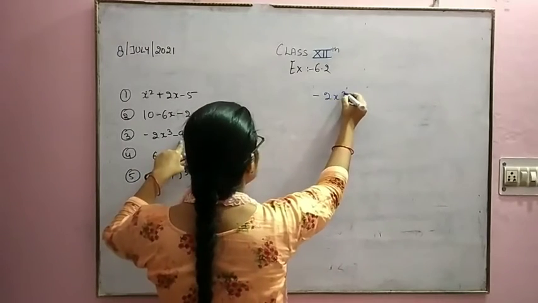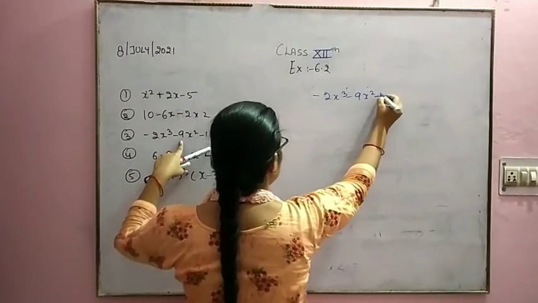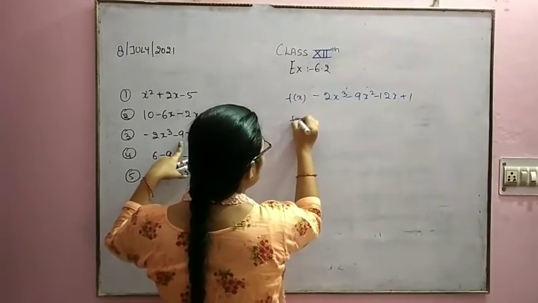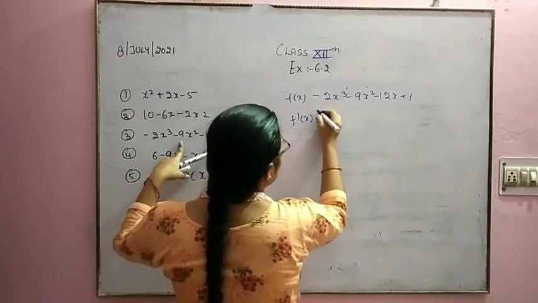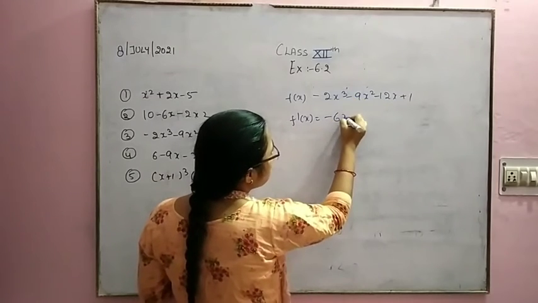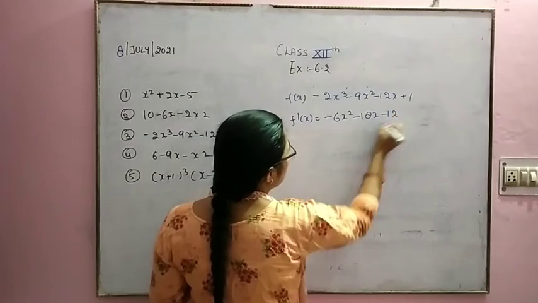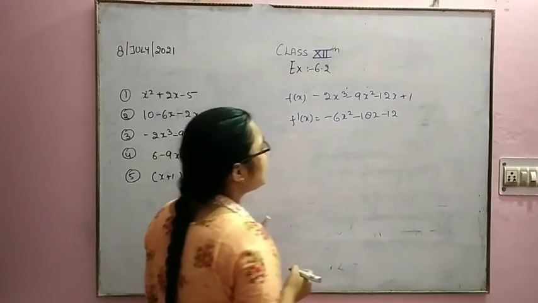Now, minus 2x cube minus 9x square minus 12x plus 1. Firstly, find out f dash x. We get minus 6x square minus 18x minus 12. Then equate this equal to 0.